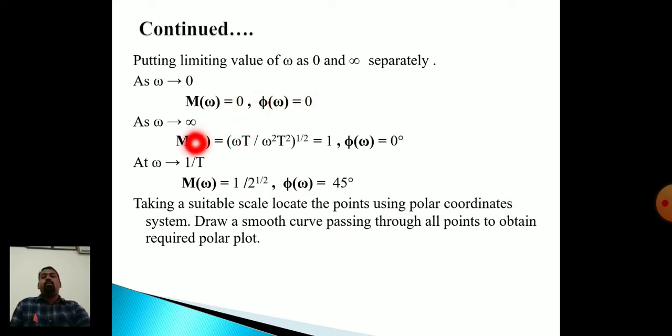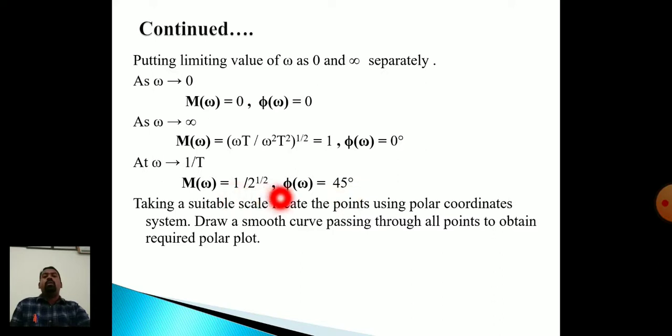When omega tends to infinity, in equation number 1, M of omega is equal to 1, since omega t divided by omega square t square to the power 1 by 2 is 1. Phi of omega is 0. And in between 0 and infinity, substitute omega as 1 by t: M of omega is 1 by root 2, that is 1 by 2 to the power 1 by 2, and phi of omega is 45 degrees.